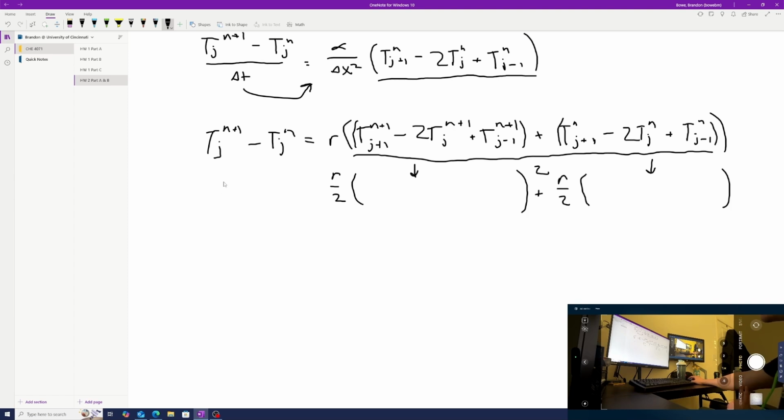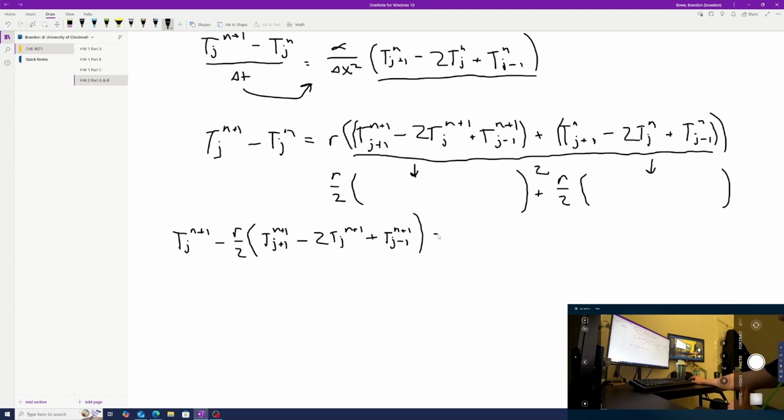So what we should end up with is our Tjn plus 1, and then this is going to be subtracted over, so minus R over 2, and we have Tj plus 1 n plus 1 minus 2 Tj n plus 1 plus Tj minus 1 n plus 1.